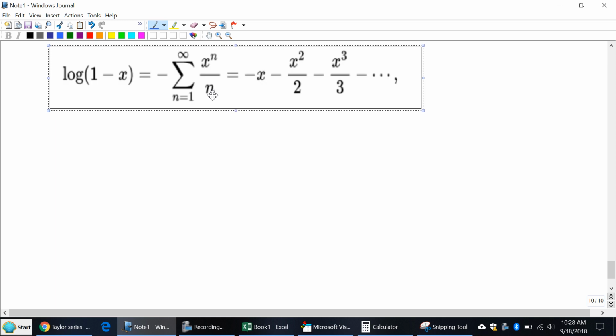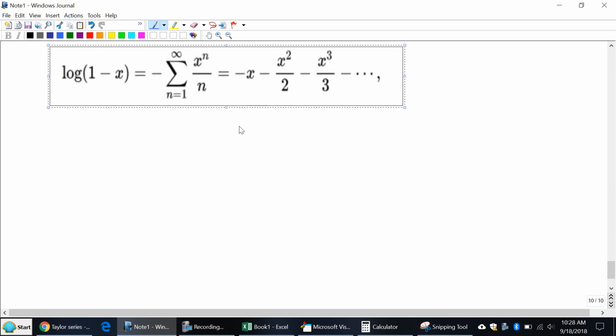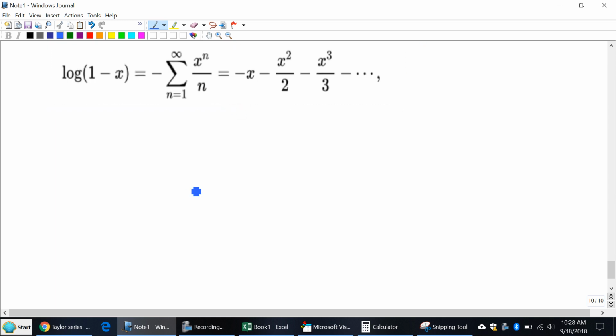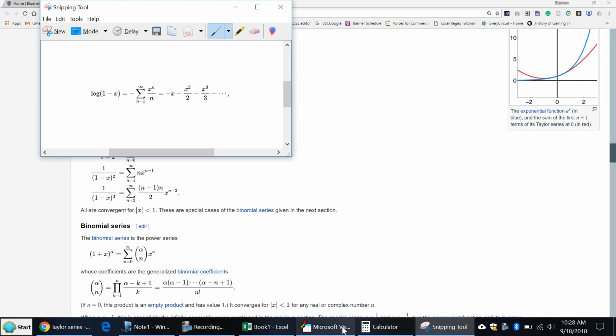Notice instead of a factorial here, I just had n. So the log is actually simpler than the e to the x. Before I had a factorial here, now I just have n. So that's really all I changed.